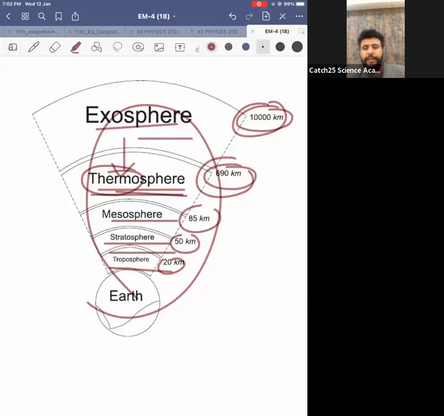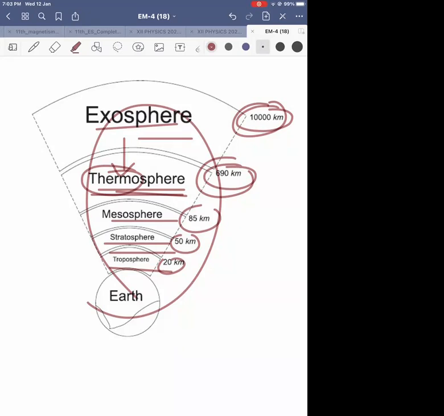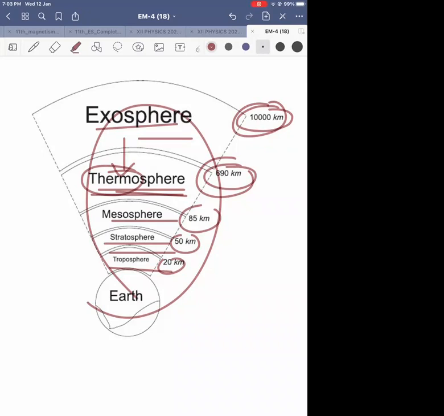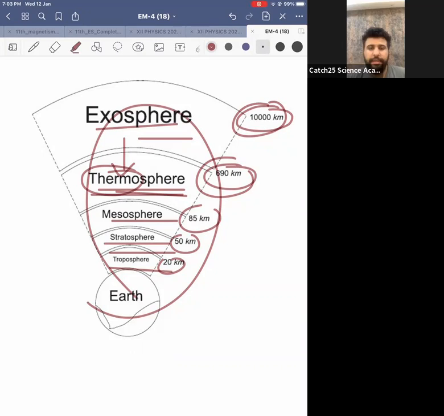And for thermosphere, this layer contains high temperature region.